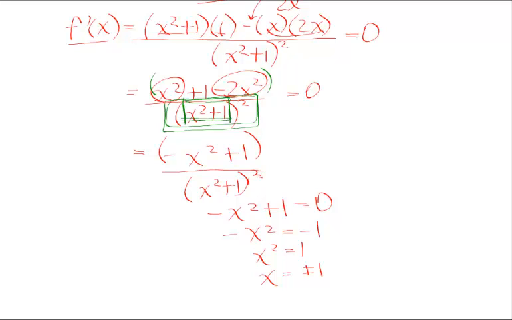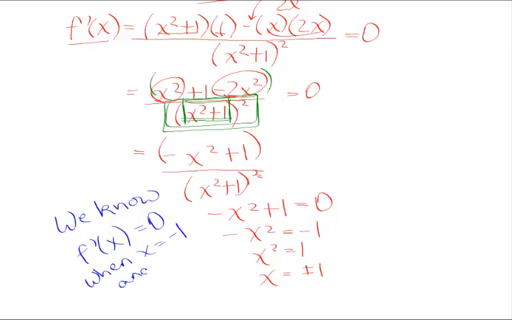So here's what I know so far. Let's make a list. Now we know that f prime of x equals 0 when x equals negative 1 and x equals positive 1.